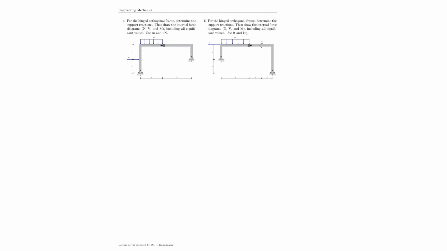We have one more subject to cover before we go into the exam. And that is, we will actually take it from orthogonal frames to non-orthogonal frames, or in other words, roof structures. So in our next lecture, we will not have a right angle in the frame. We will actually have sloped members. So not a horizontal adjacent to a vertical, we will have a horizontal adjacent to a sloped member, or just a sloped member to a sloped member, for example.